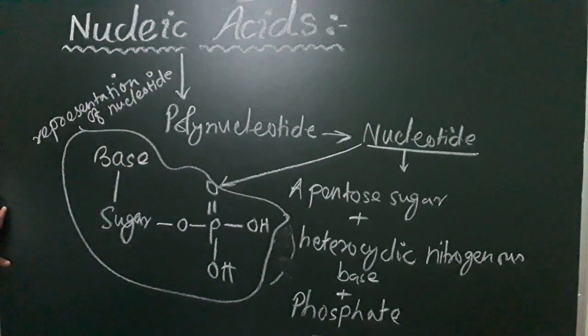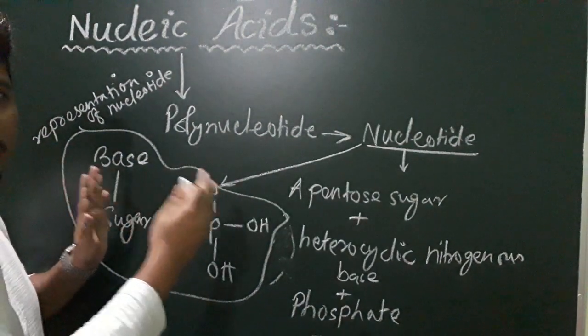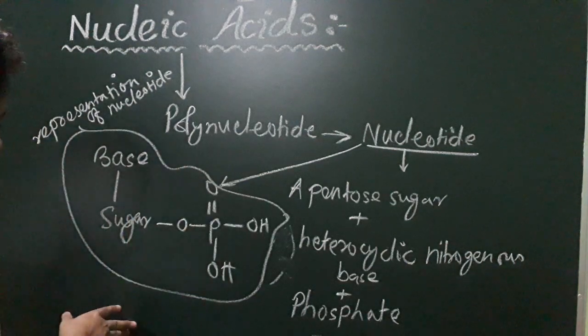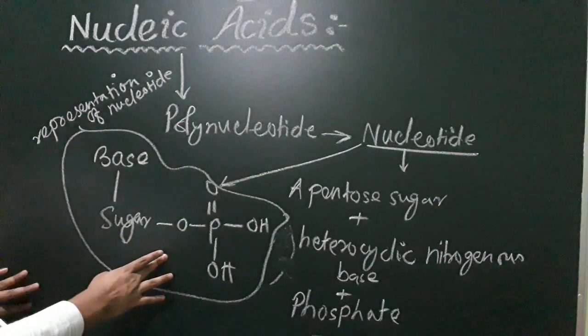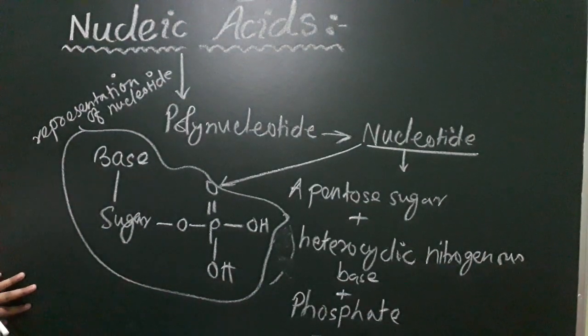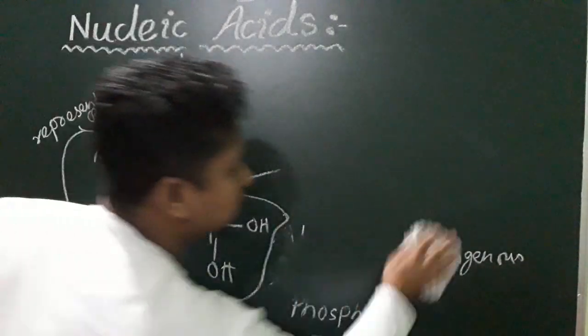When a large number of these nucleotide molecules combine, they give rise to nucleic acid. So if this is the representation of a nucleotide, what will be the representation of nucleic acid?